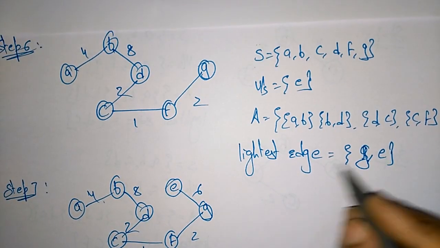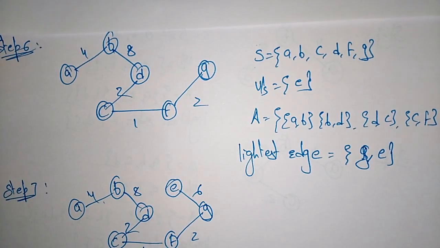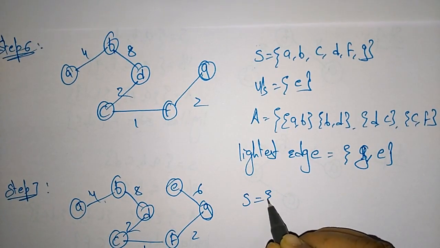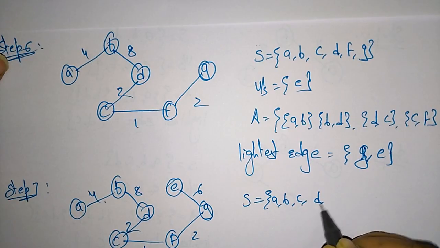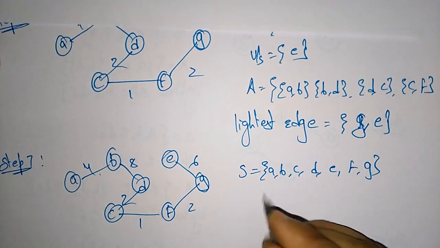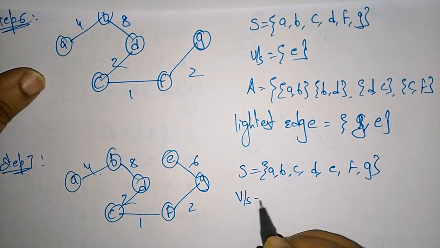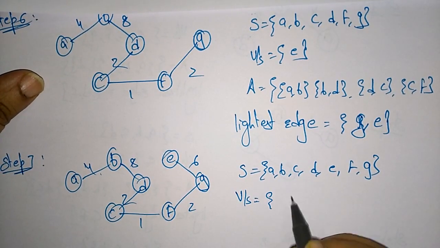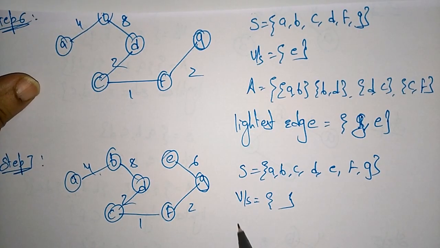Okay. So now it completes the minimum spanning tree. Now this set contains A, B, C, D, E, F, G. So these are all the visited vertices. Whenever the set completes, the remaining vertices set becomes empty.